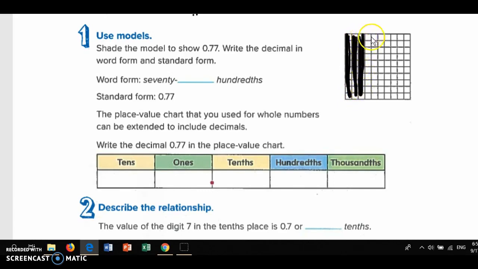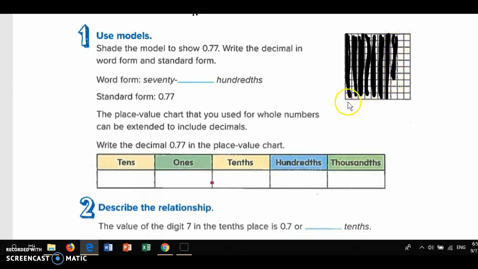If I want 77, that is 10, 20, 30, 40, 50, 60, 70. That is 7 columns. And 1, 2, 3, 4, 5, 6, 7 blocks.